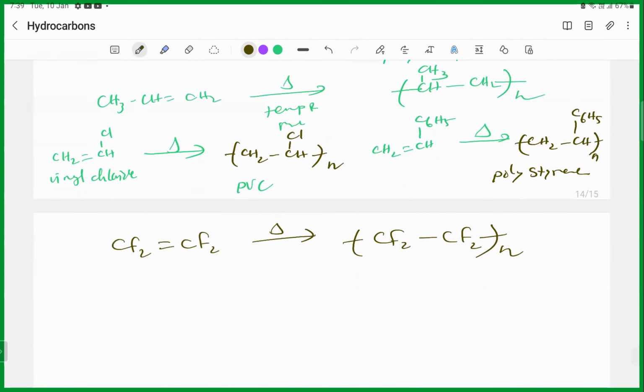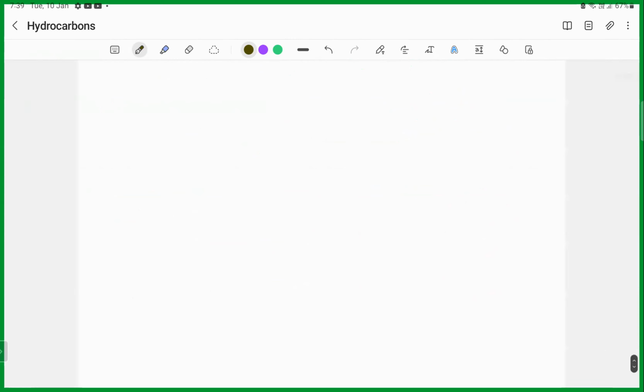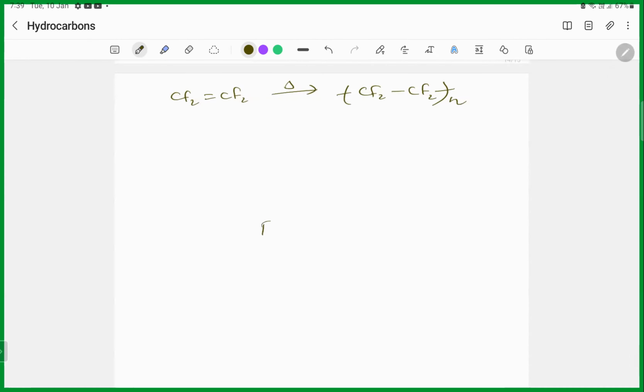So I will write the general reactions for the alkene. You have R, C double bond C, where R may be hydrogen or anything.